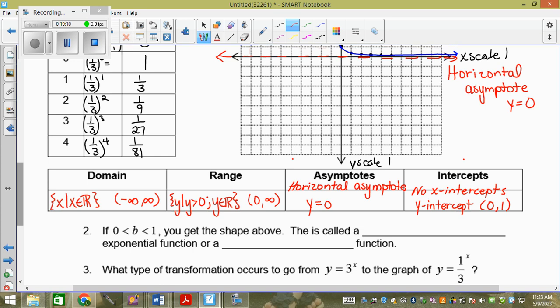Here b is not negative. b is between 0 and 1. Because what b is, it's doubling, tripling, quadrupling, or it's halving, a thirding, an eighthing, right? So if it's a thirding or a halving, it's getting smaller, it's decreasing, right? So your b value, if it's between 0 and 1, this is called a decreasing exponential function, or an exponential decay function.